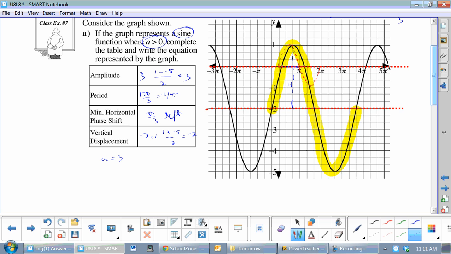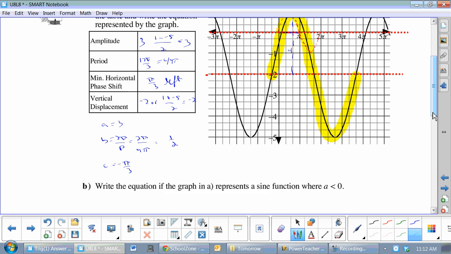How do you find B? Does anyone remember? Yep, so B equals 2 pi over P, which is 2 pi over 4 pi, which equals 1/2. And then my C is negative pi over 3, right?